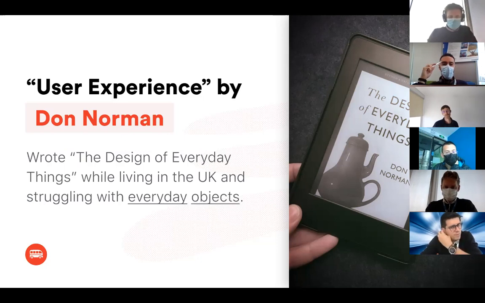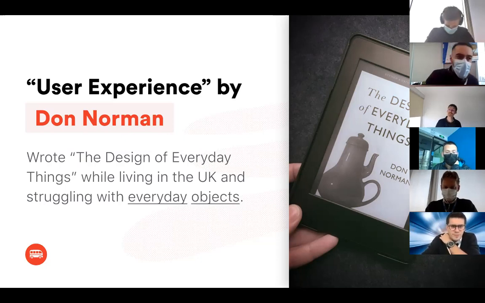There are 6 principles, and one of which is what he called affordability, which is how much the product, without any explanation, gives you hints on how you need to use it. So the Norman door is a door that doesn't give you any clue, and you're standing in front of this door and you don't know what to do. And a door is pretty simple. You can only push it or pull it. So it's a big problem. When you hear about the Norman door, now you know what it is.